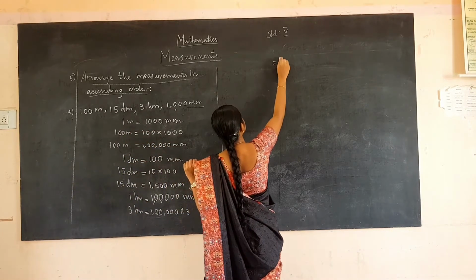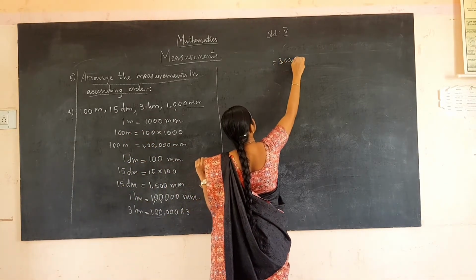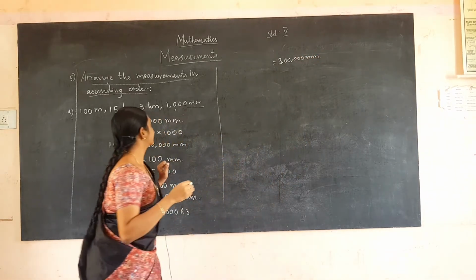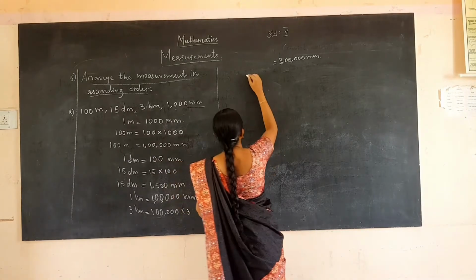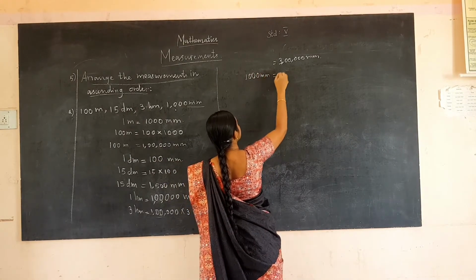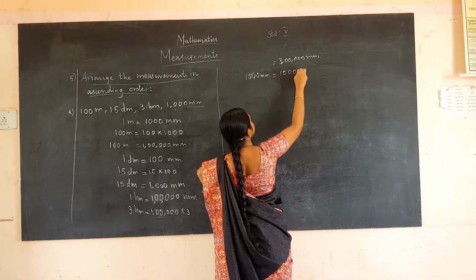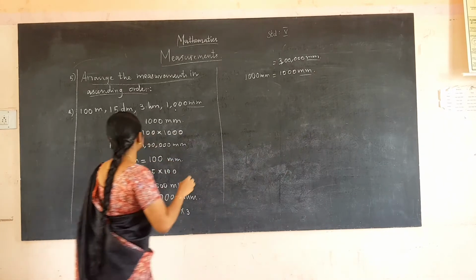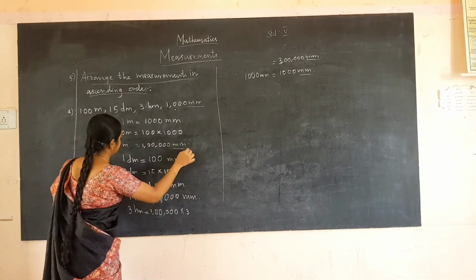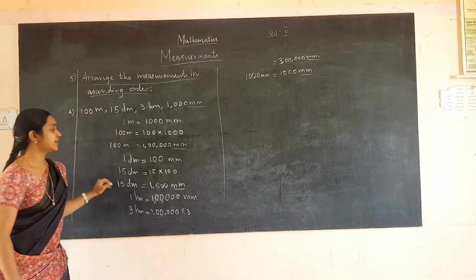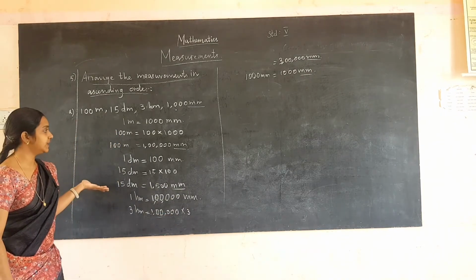So it is 3 lakh millimeter. Next, the unit given itself is a millimeter, so keep that as it is. So we have converted all the units to millimeter.